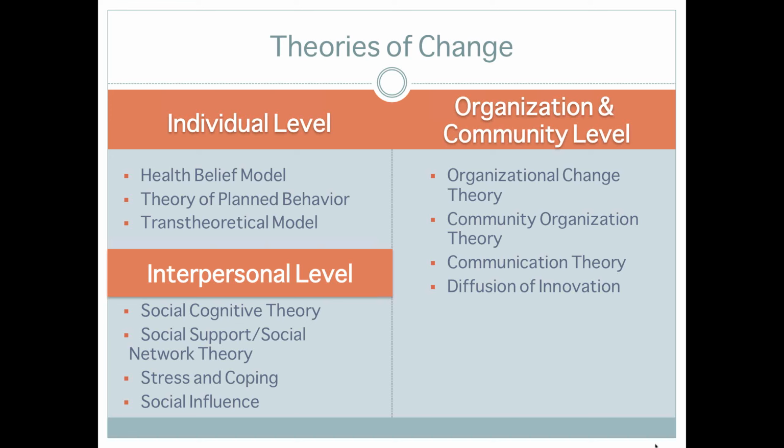Then at the interpersonal level, we'll be talking about social cognitive theory, social support, social network theory, stress and coping, and social influence. And then at the level of organization and community, we'll be talking about organizational change theory, community organization theory, communication theory, and diffusion of innovation.